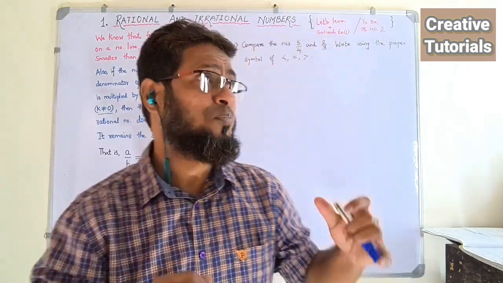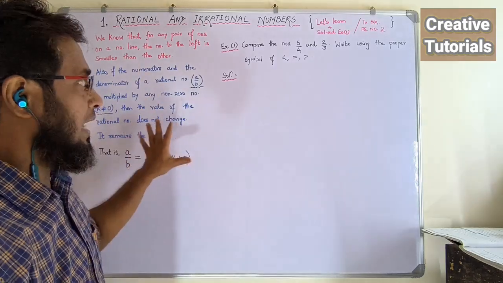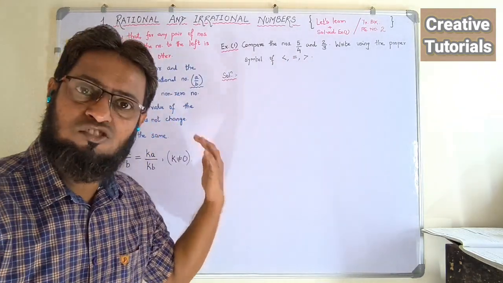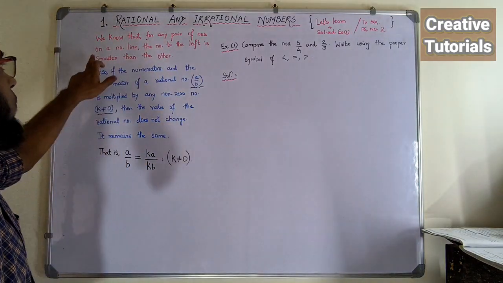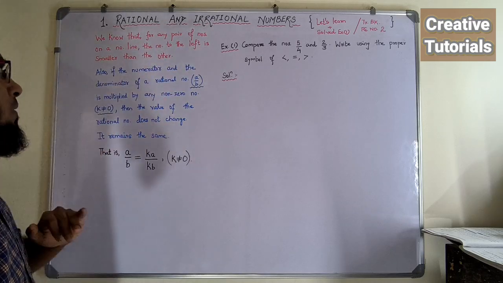We are on page number 2 of a textbook. Let's learn one part and then first solve example. Okay, so what explanatory part there is, we know that for any pair of numbers on a number line, the number to the left is smaller than the other.